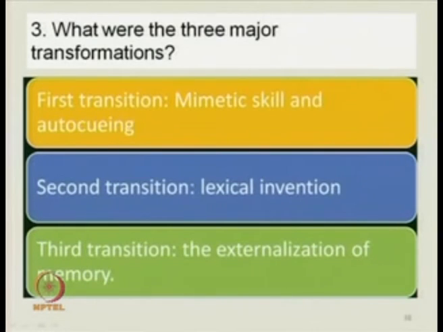It also included a high-speed phonological system. Third is, as we saw just a while ago, the externalization of memory, which is a relatively new development. It is the last transitional phase in the development of the modern human mind as compared to the evolutionary mind.